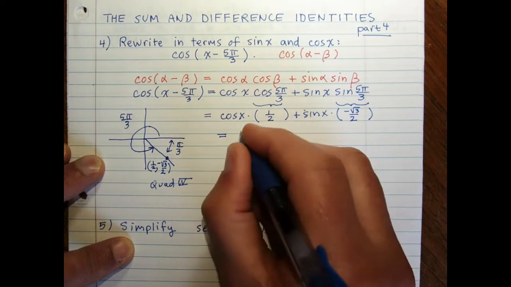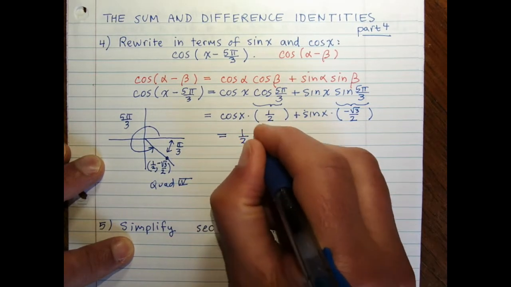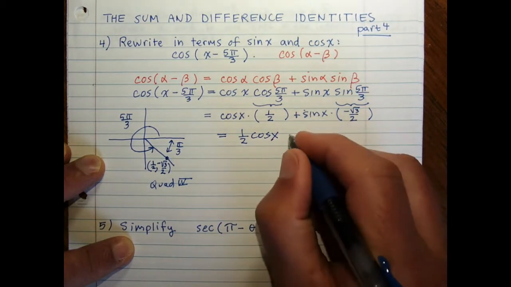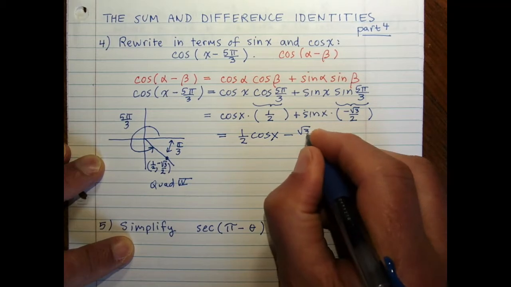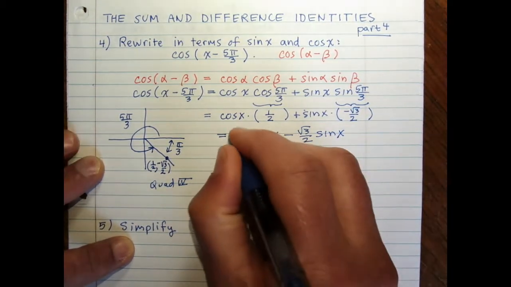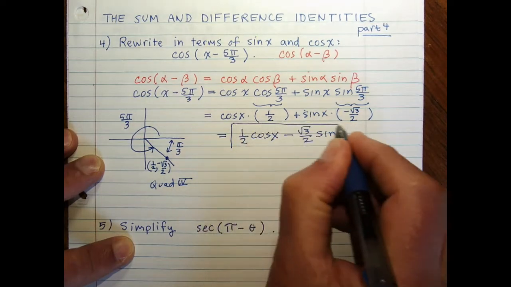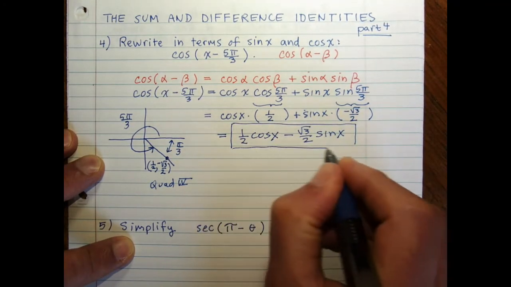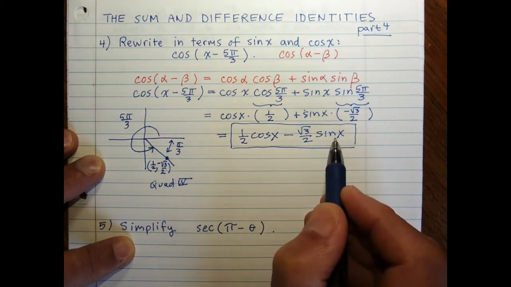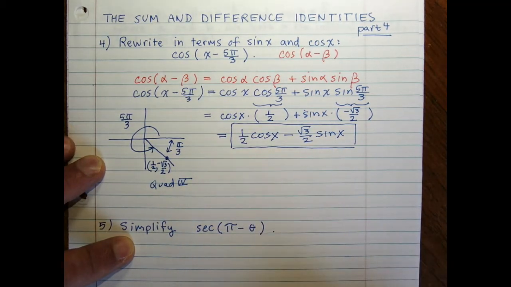So I can rewrite this as 1/2 times cosine x. And the second term I can write as minus square root of 3 over 2 times sine x. And that's all we want here. We've rewritten the original expression in terms of cosine x and sine x. So that's number 4.